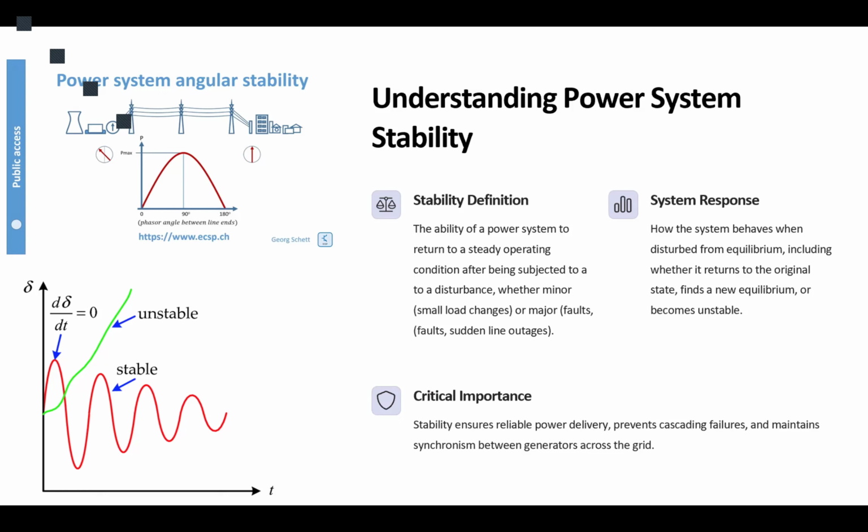Now, why is transient stability important, or generally, why is stability important? Okay, we are talking about the system. It's important because whatever system you design or whatever system you want to use, one of the most important parameters of engineering design of that system is that the system should be reliable.